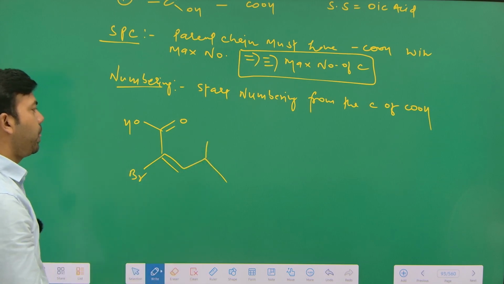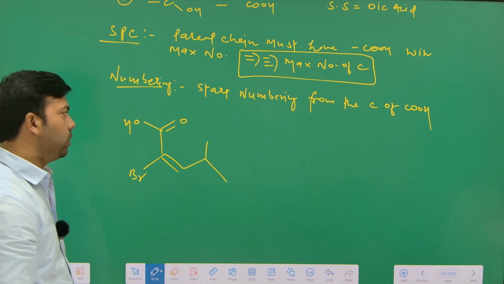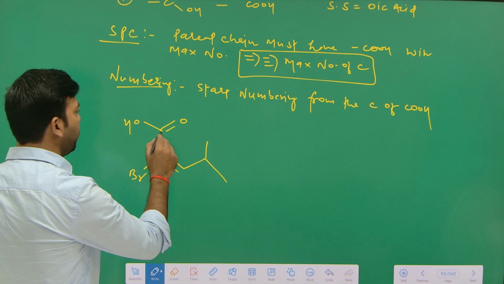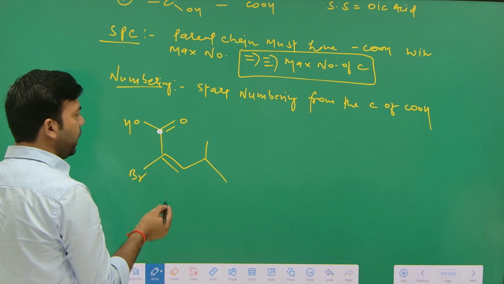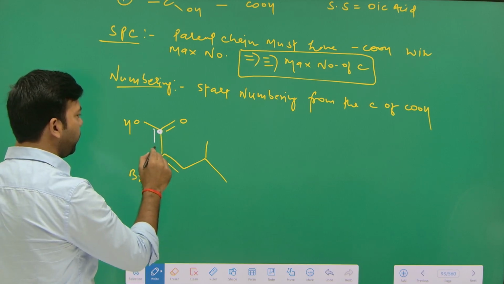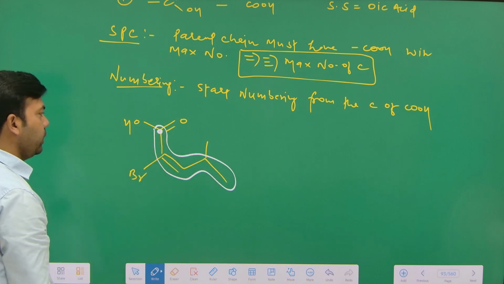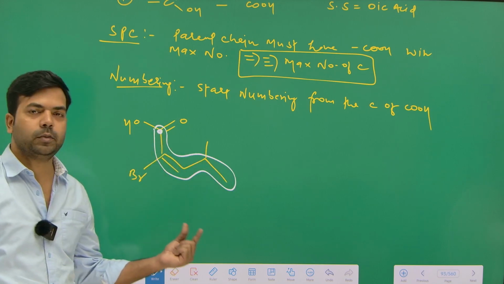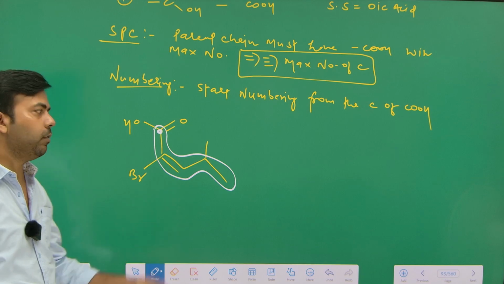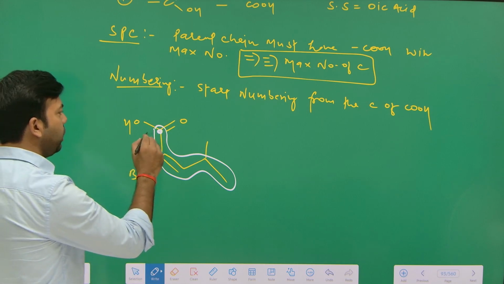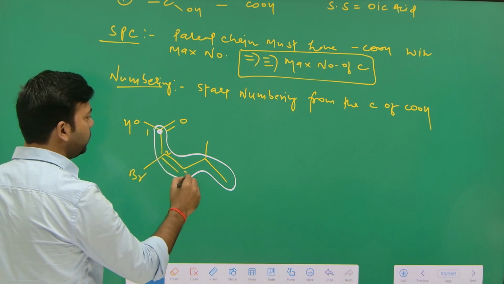Like this. So first, what? Select the parent chain with the maximum number of carbon as well as the functional group. So this is the carbon of the functional group, and this is my longest carbon chain. So the first priority is substituent in alphabetical order. So first we have to start numbering. This is 1, this is 2, this is 3, this is 4, this is 5.